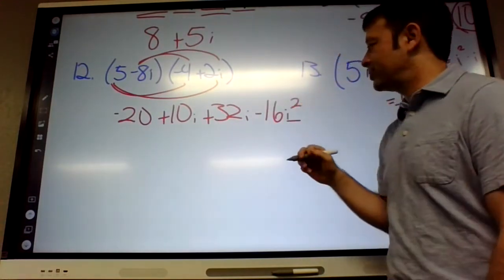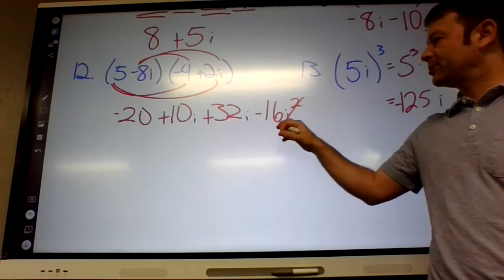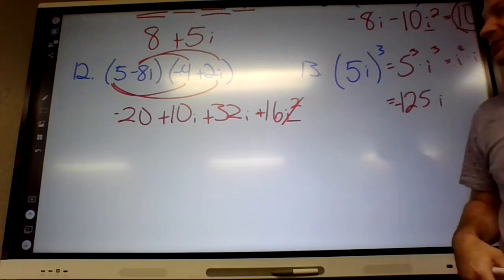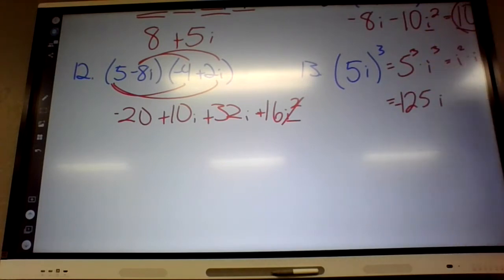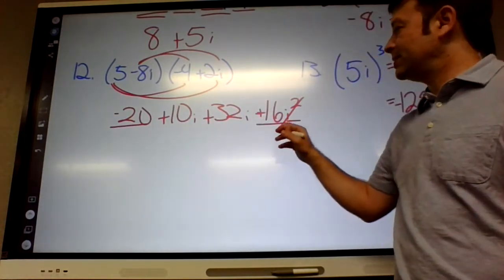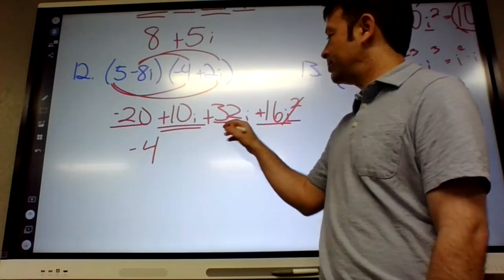And what does i squared do? Negative 1. So it really just becomes a positive 16, because negative 16 times negative 1. So on the real numbers we have negative 20 plus 16, negative 4. And then on the imaginary we have 10i plus 32i.